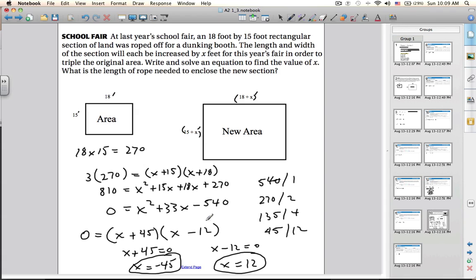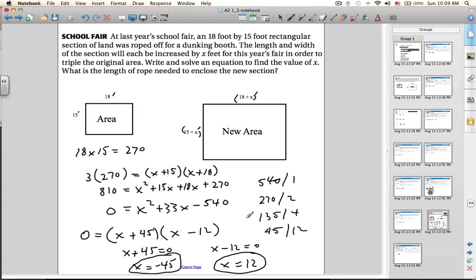Okay, so now we want to answer the question, what length of rope do I need to enclose the new section? So first I have to find out what the perimeter is, and then calculate the length of rope to go around this perimeter. So I have 2 more steps still to go, and the first thing I have to do is decide which of the 2 solutions is correct.